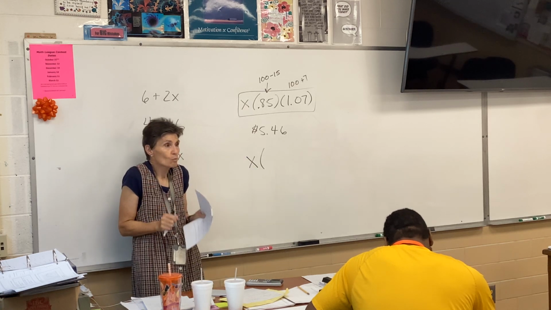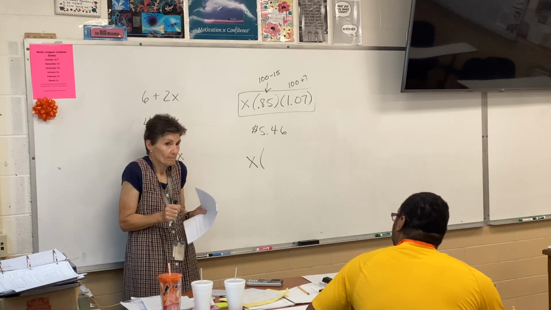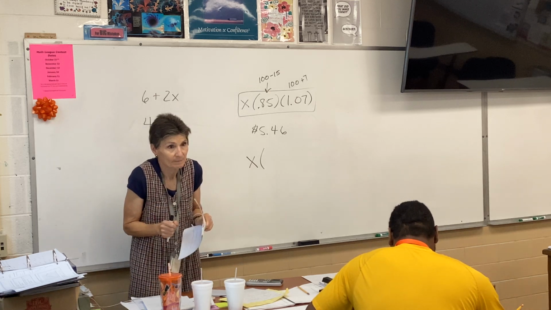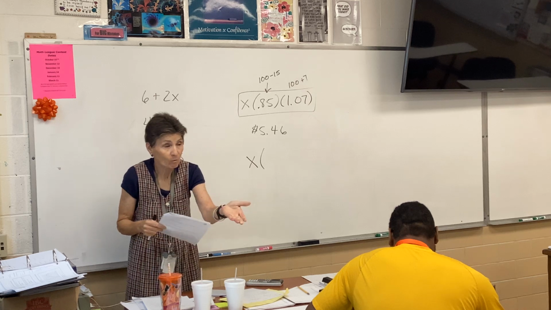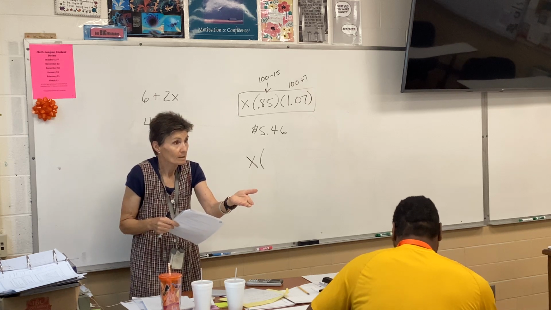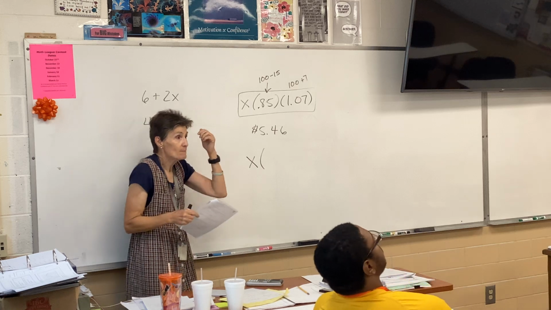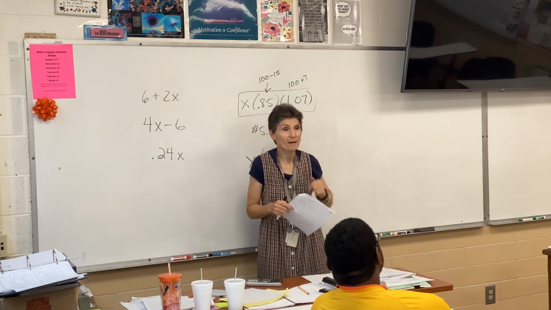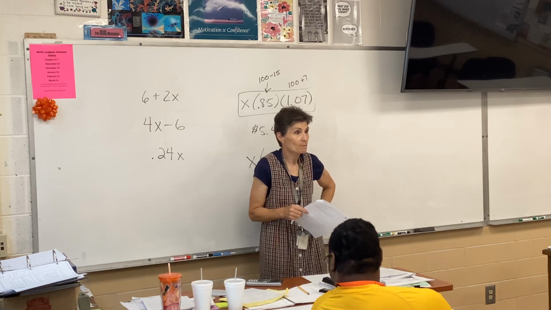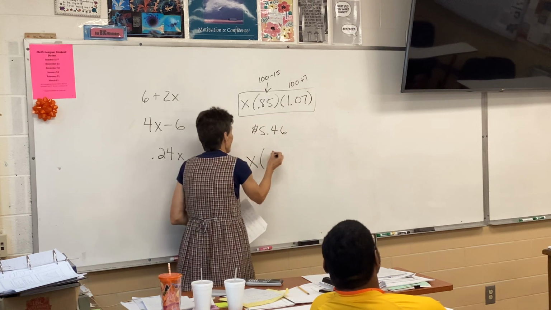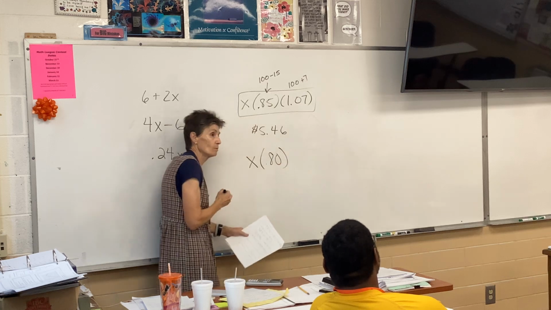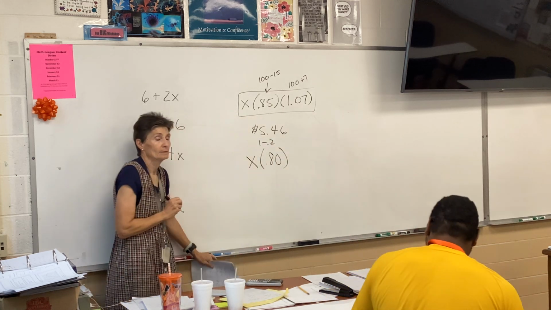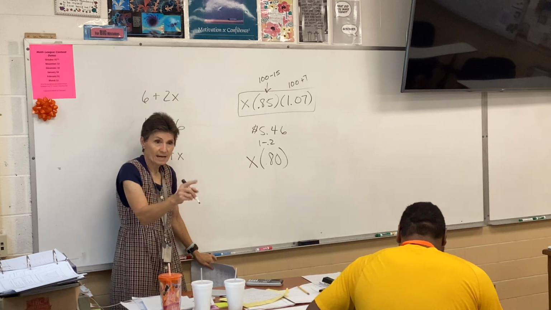When I go to the store to buy something, I want to know how much I'm going to pay. That's what they asked me for. If I'm not paying 20%, then what am I paying? 80%. So I'm going to multiply by 0.8 or 0.80. This is 1 minus that 20%, because a discount comes off.